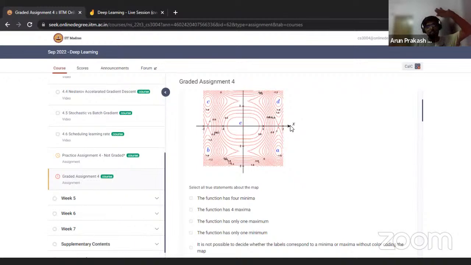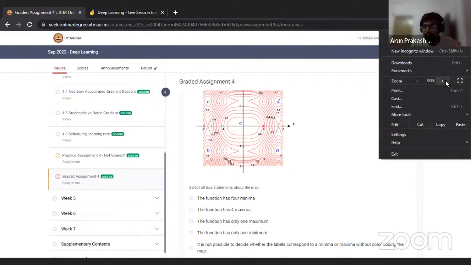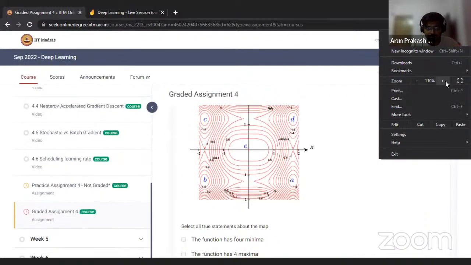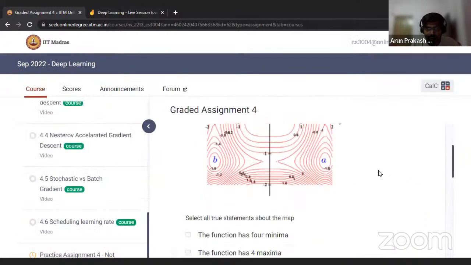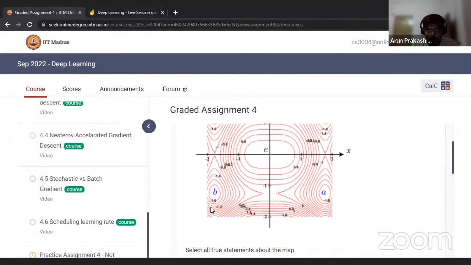Say, for example, I start from z equal to minus 1.8. I'm not able to see that clearly, maybe I can show you. You look here: we are seeing values of minus 1.8, minus 1.6, minus 1.4.